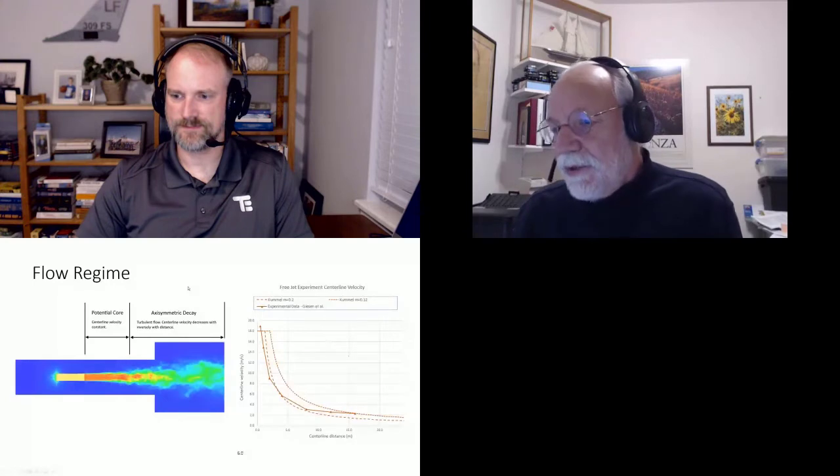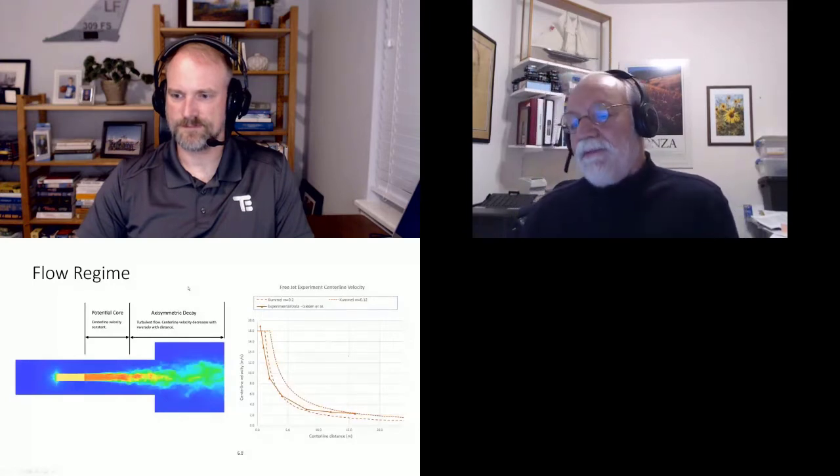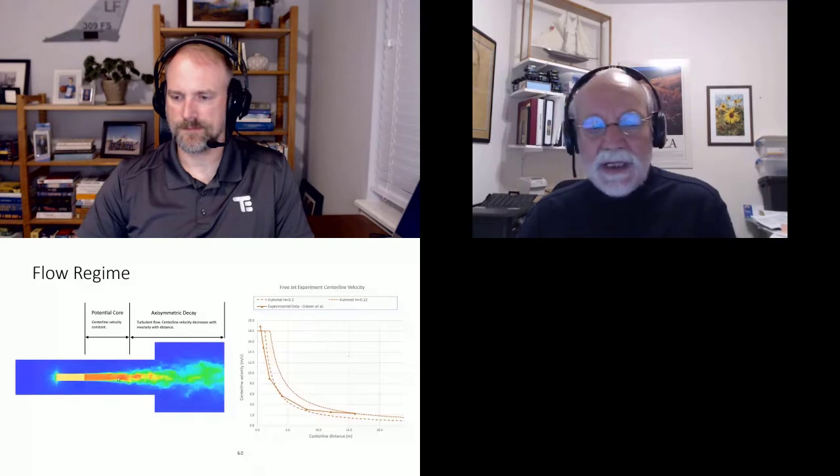Okay, so the flow regime, just talking about the challenge here. This is a jet, and there's initially this potential core where the velocity is constant, and then we go into this axisymmetric decay region, and that's where the momentum is being transferred from the jet to the ambient air.